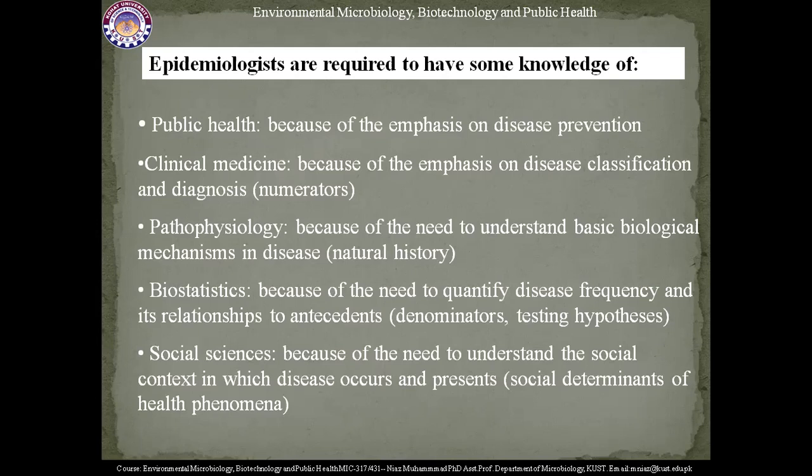Because social behavior of the public and animals plays a vital role in the dissemination of a disease, especially in epidemics and pandemics. The social behavior plays a vital role in the proliferation and dissemination of disease into the environment. Therefore, an epidemiologist must have knowledge about social sciences and the social behavior of populations.